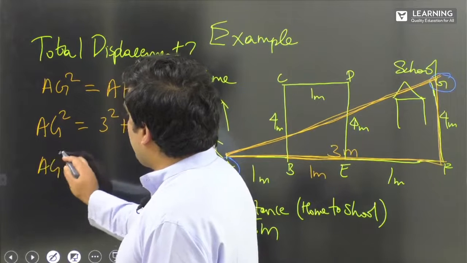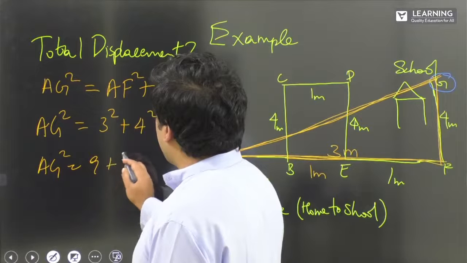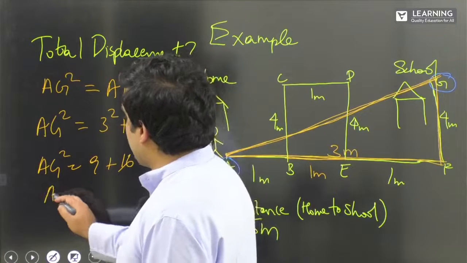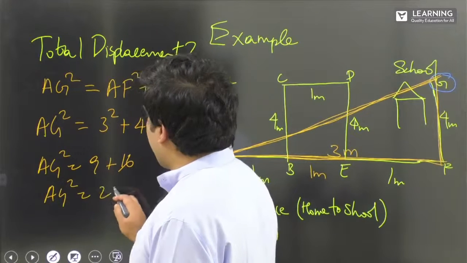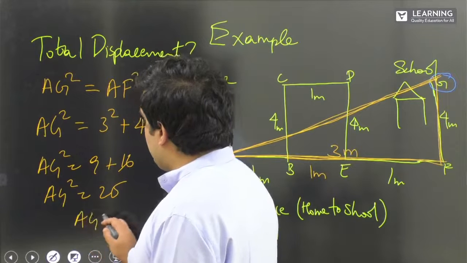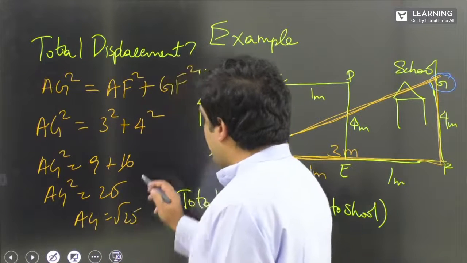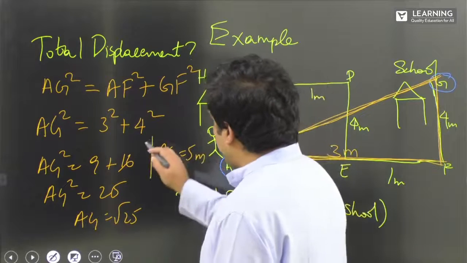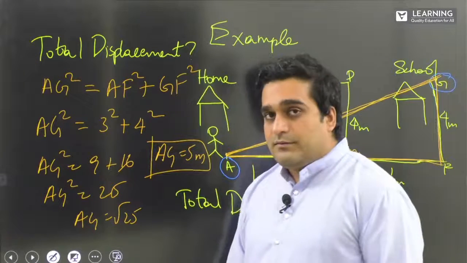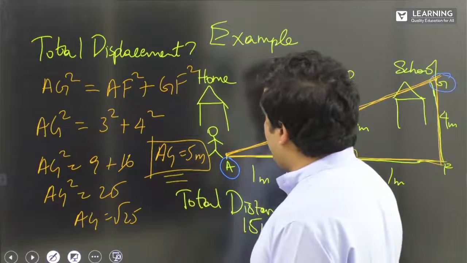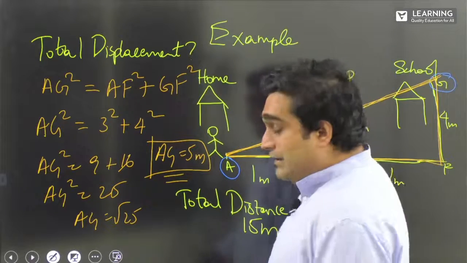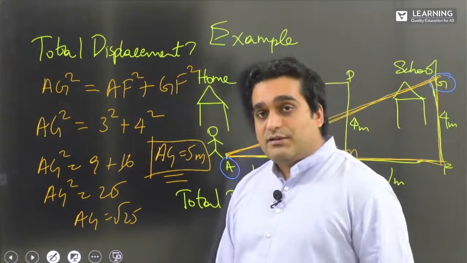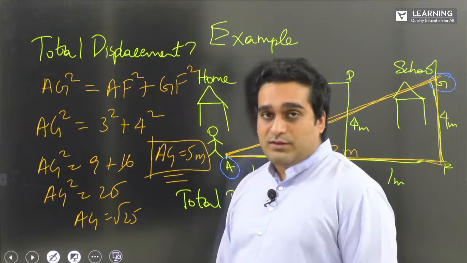So AG square equals 9 plus 16. So AG square equals 25. AG equals square root of 25. AG equals 5 meters. And that is how you identify the shortest distance between the 2 points.